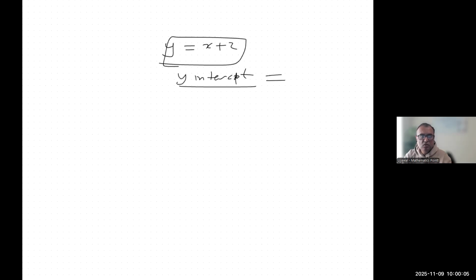If I have a graph y equals x plus 2, let's say, and I'm asked to find the y-intercept, I just need to make x 0.